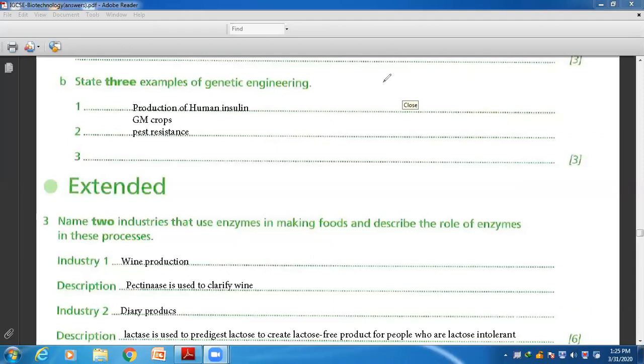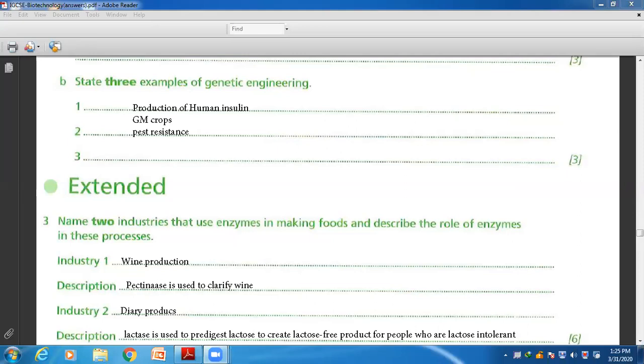My first question is, why are we producing sticky ends in genetic engineering?